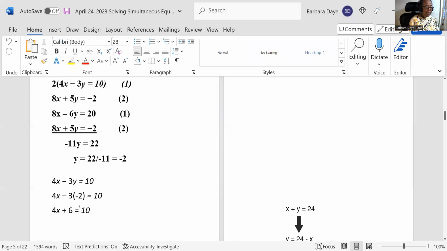We need to get the 6 with where the 10 is. So what do we do, Audrey? Wait a minute. 6 equals 10. So these we got constants together. So how do you get the 6 on the side with the 10?